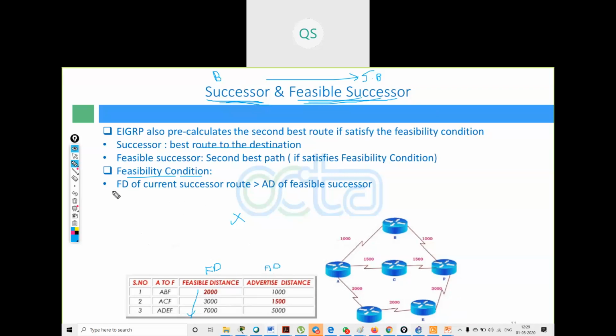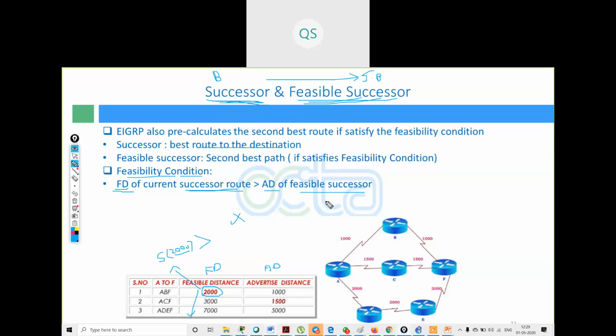The condition is that the FD of the current successor route should be greater than the AD of the feasible successor.